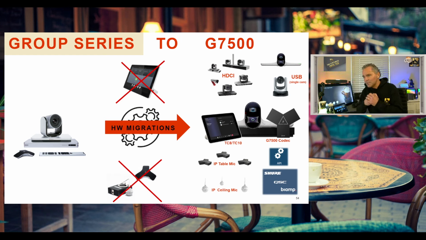You probably need to check and run through the programming which you used on the group series, and you probably need to make some changes there, because it could be that the command is a little bit different on the G7500. But this is something which is possible. The G7500 has the API available through IP and through serial.